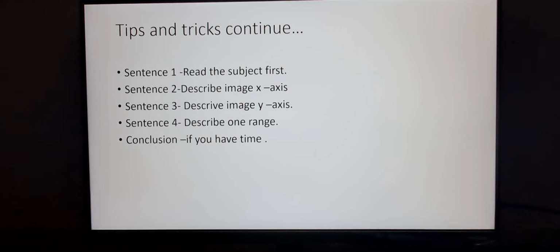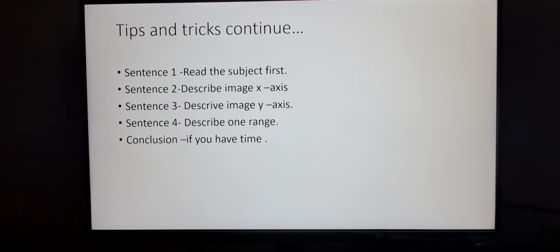First, read the subject of the image. It's very important. Secondly, if the image is a graph, then I will describe the x-axis, then the y-axis in the second and third sentences, and in the fourth sentence I will describe one particular range, one particular value, or a couple of values if it's a short graph, or one or two values if it's a big graph, and I'll move on to the conclusion.